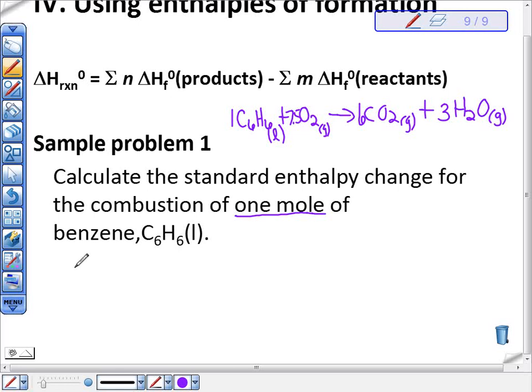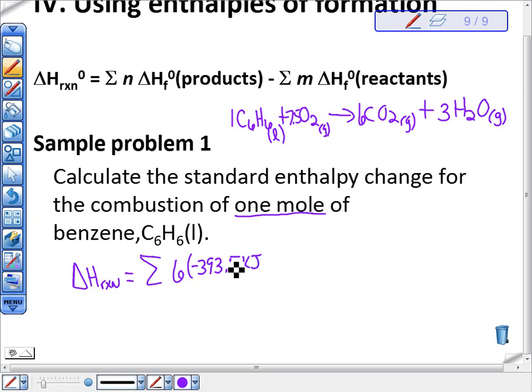So to find the delta H for the reaction, which is what rxn stands for, I'm going to add up the sum of these guys. So I'm going to take my 6 and I'm going to multiply it by carbon dioxide, which I'm going to find in Appendix C in the back of your book under the delta H category. And it is negative 393.5 kilojoules.